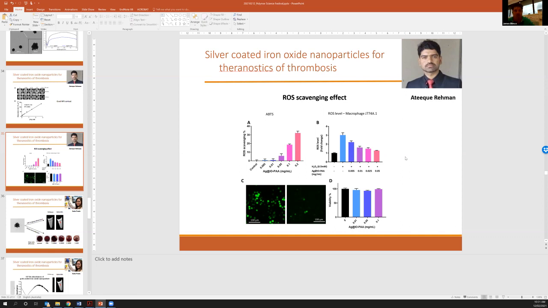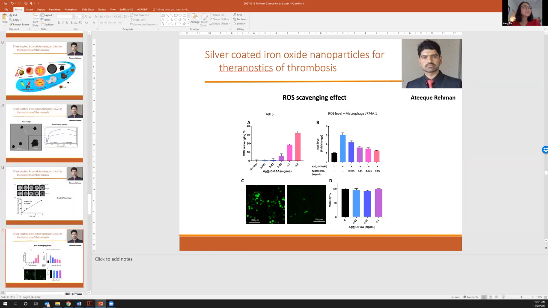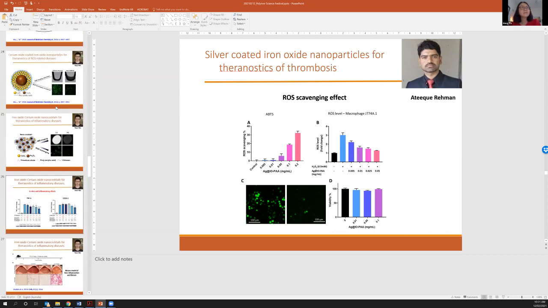We also have a couple of other quick questions. Do the metal oxides need to be of a particular size to be effective? Yes, it does, and it depends on the application.